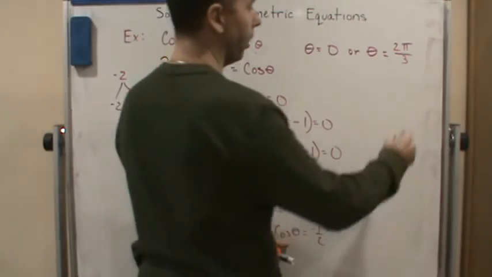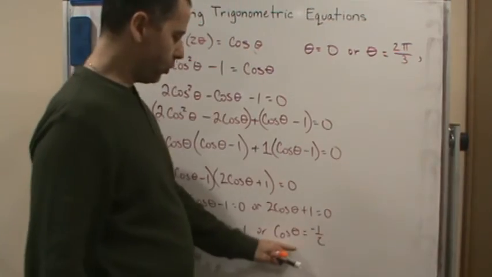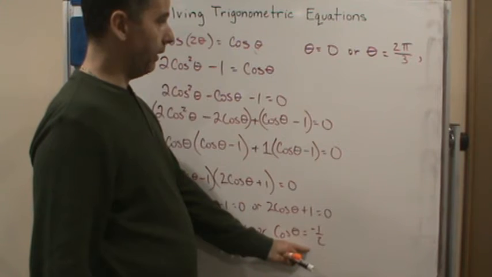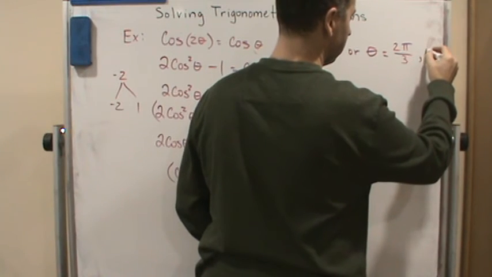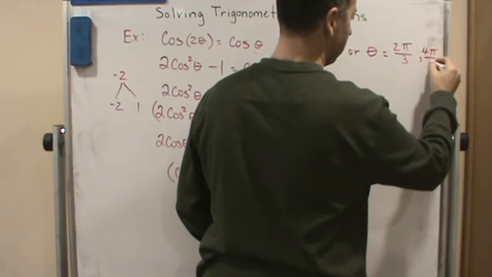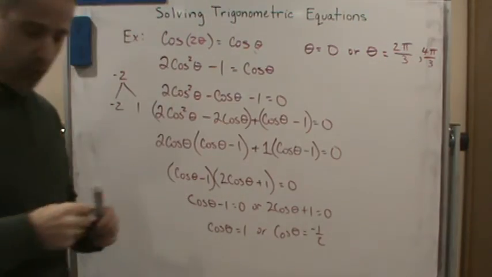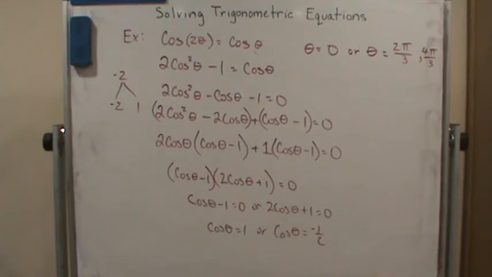Or in the third quadrant, it's going to be 4 pi over 3. And so those are going to be the angles.